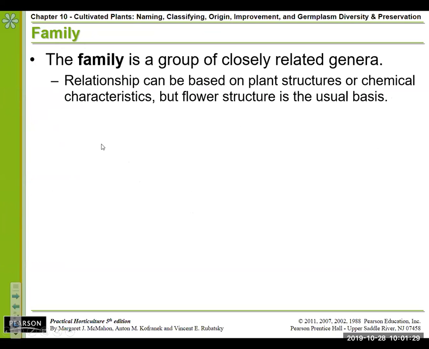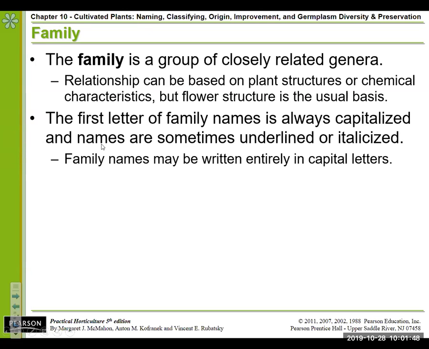So the family we look at as a group of closely related genera of plants, or any organism. The relationship was based, initially in the days of Linnaeus, on the flower structure, the seed structure. But today we're actually looking at the actual genetics of it. We've decoded the genome of many plants, and now we're more able to see how they are more closely related.